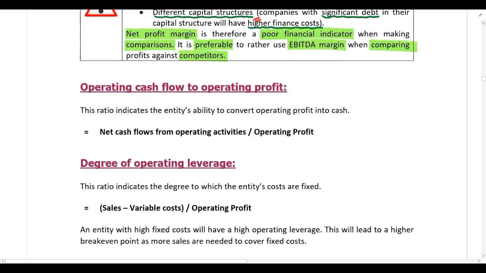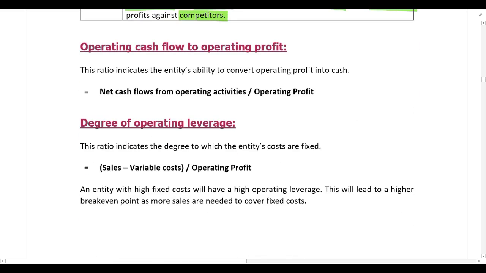Then the next profitability ratio that you need to be able to calculate is operating cash flow to operating profit. And you can see I have included the interpretation for you over here. So this ratio indicates the entity's ability to convert their operating profit into cash. And if you look at the formula just below, you take net cash flows from operating activities, so that would come from the statement of cash flows, and you divide by operating profit.